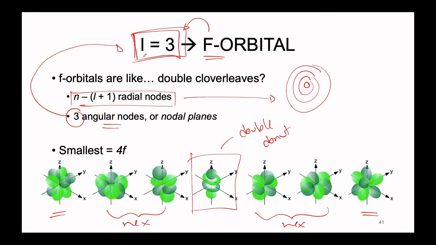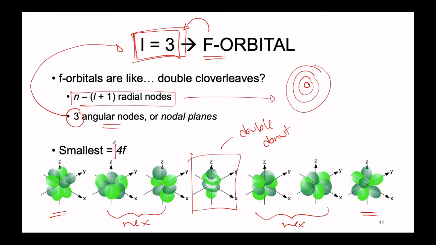Our p orbitals have L equal to 1 and they have 1 angular node. d orbitals are L equal to 2, and they have 2 angular nodes. And here, as we are seeing, the trend is starting to really become apparent. f orbitals with an L equal to 3 always have 3 angular nodes. And this is always going to be true. If you know your L, you already know how many angular nodes you are working with. The two numbers are going to be exactly the same.